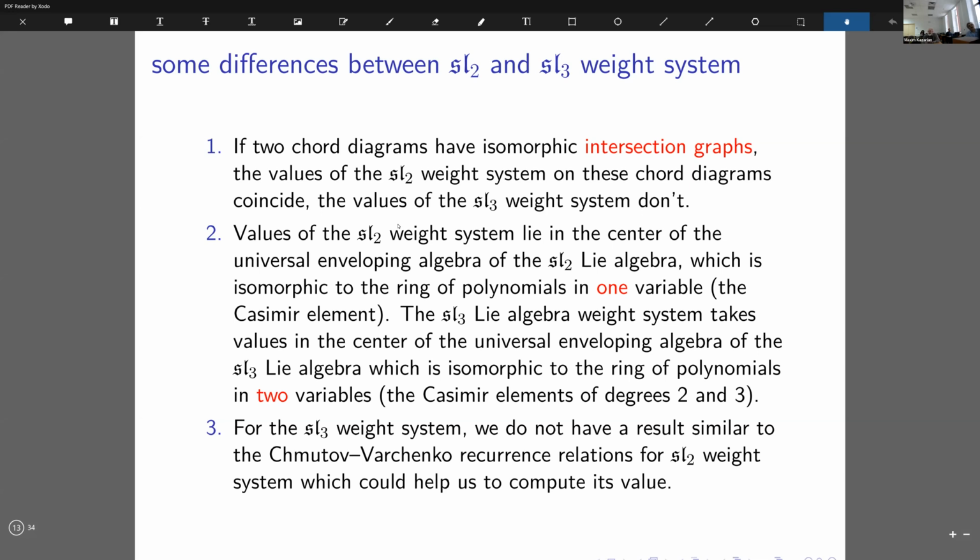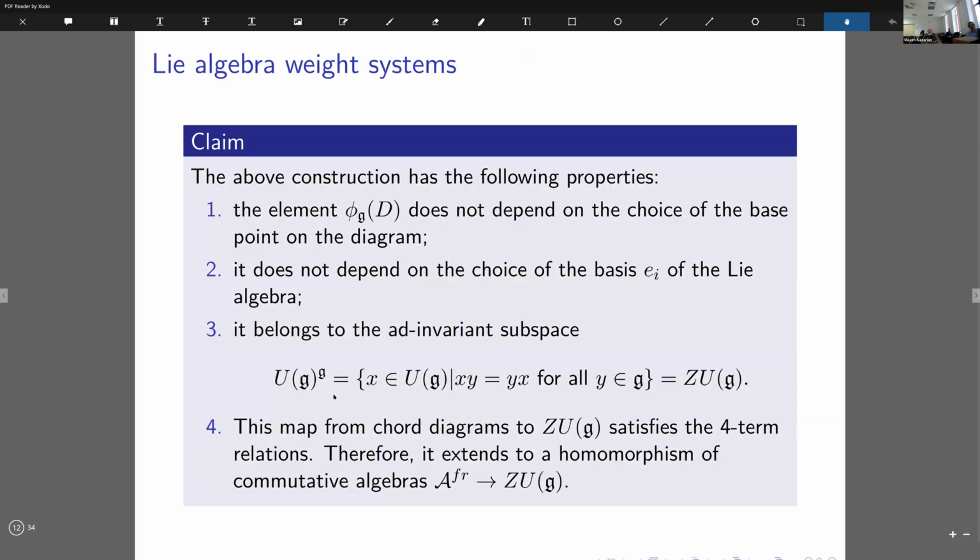This is true, in fact. There is a natural Hopf algebra structure in ZU, in the center of the universal enveloping algebra. But this Hopf algebra structure is not compatible with the Hopf algebra structure of chord diagrams, so this morphism is not a homomorphism of Hopf algebras.